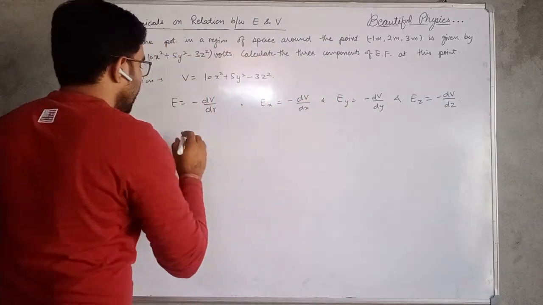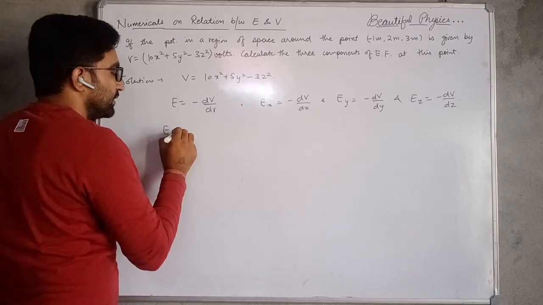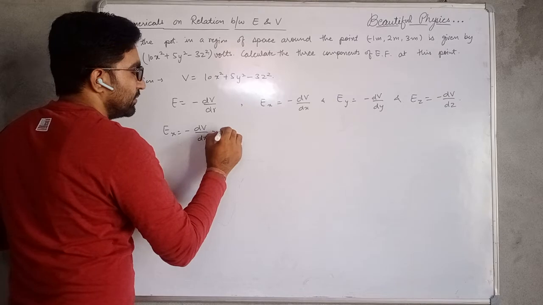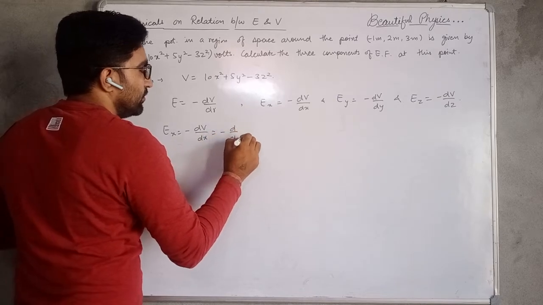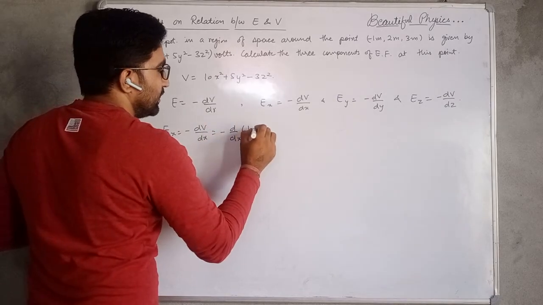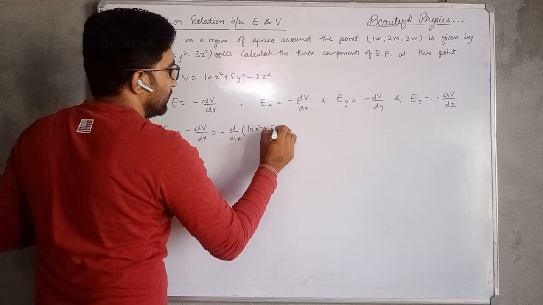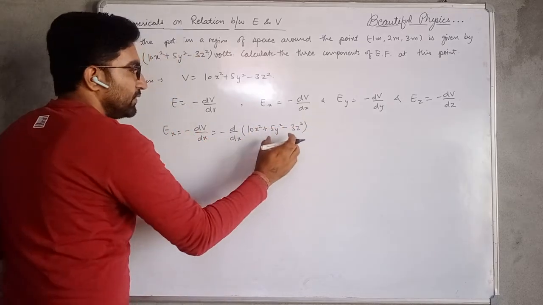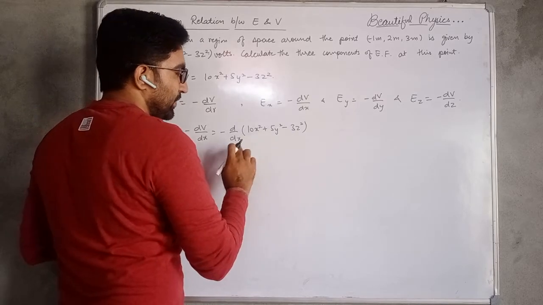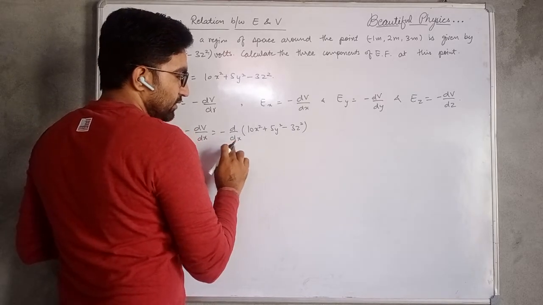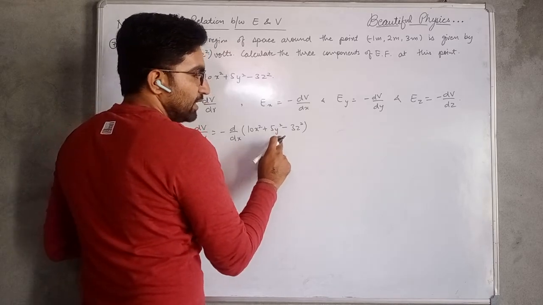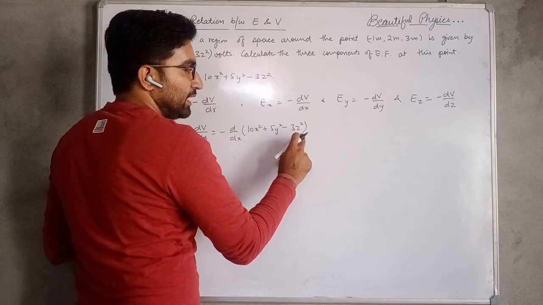So first we will find the value of Ex, which is equal to minus dV by dx. In place of V we will put 10x square plus 5y square minus 3z square. We differentiate this with respect to x, so y is treated as constant and z is also treated as constant.